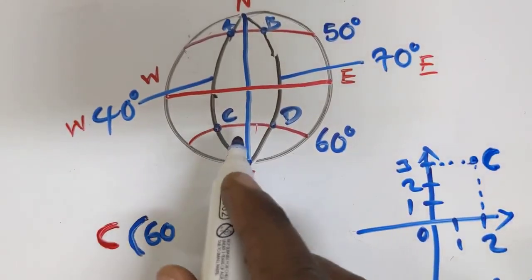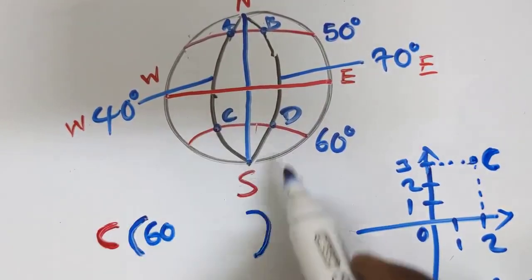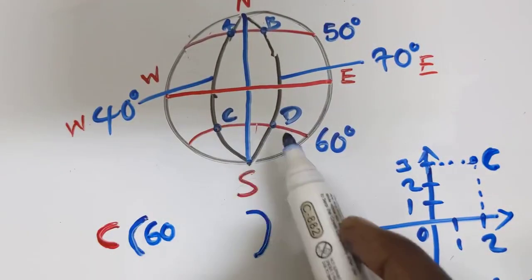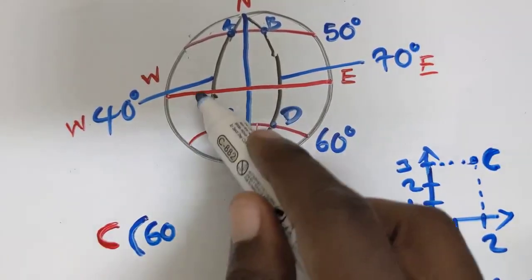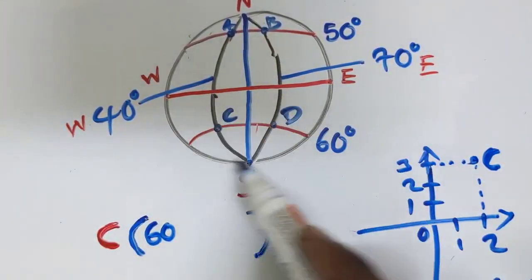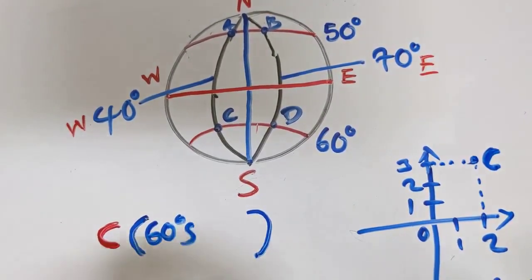And where is it? The direction. It is in the south hemisphere. This part going down is south. So you just write 60 degrees, then you say it is in south, comma.